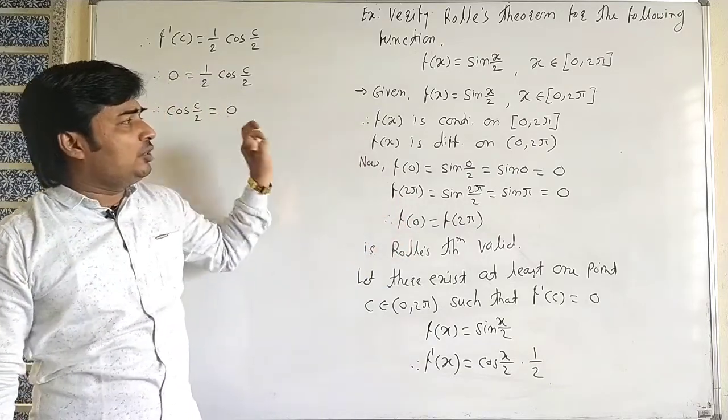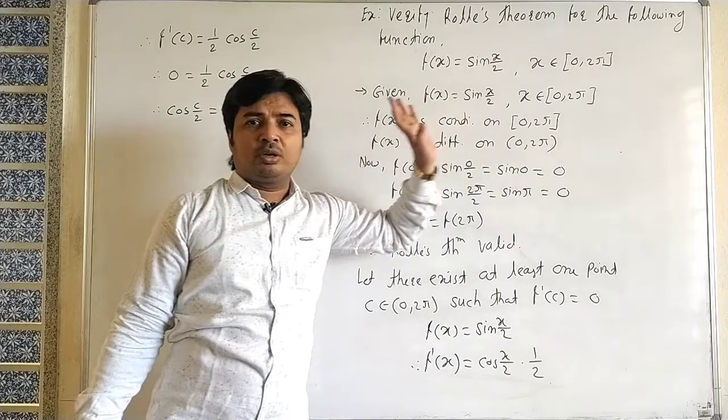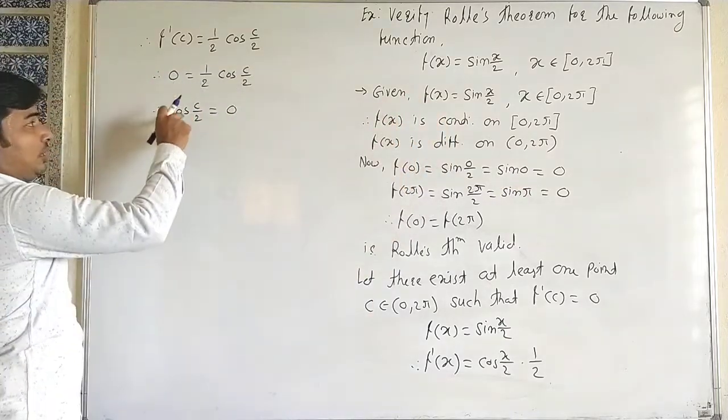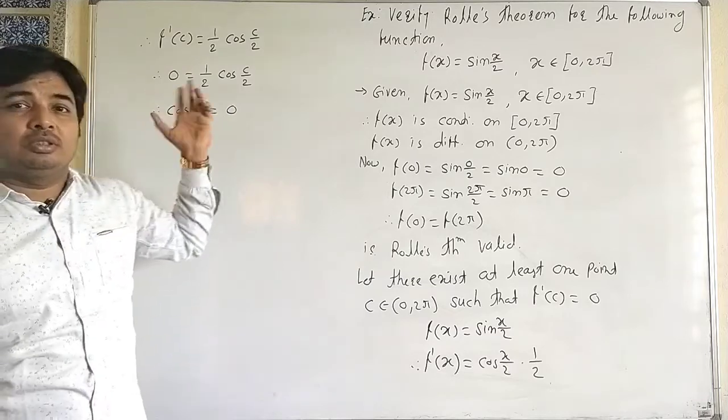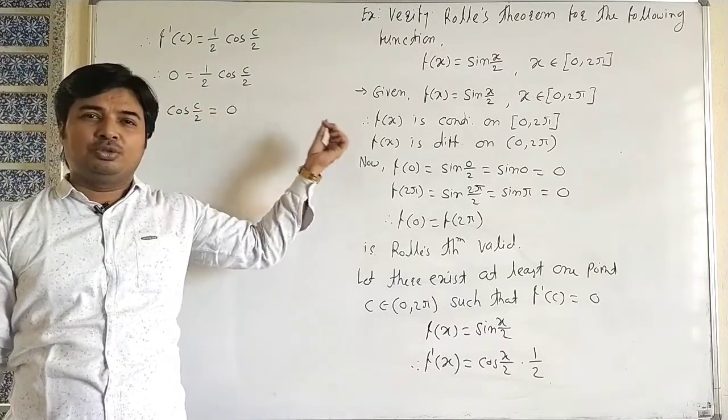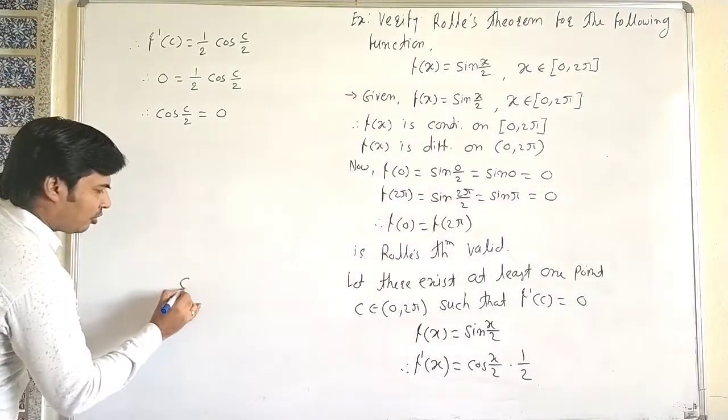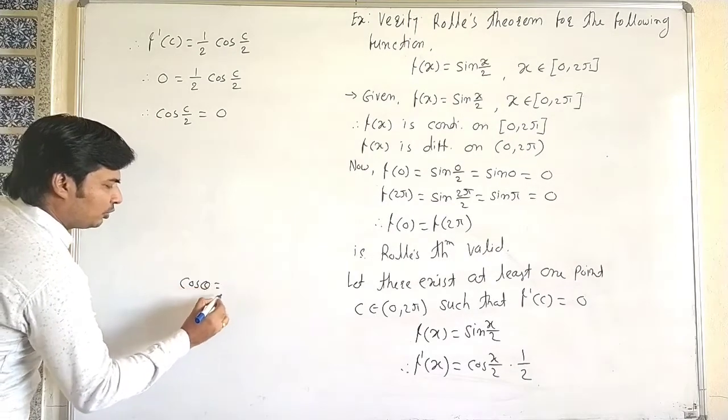We want to find at least one value in the interval (0, 2π). Here cos(c/2) is equal to 0. We know the general solution of the trigonometric equation cos θ is equal to 0.